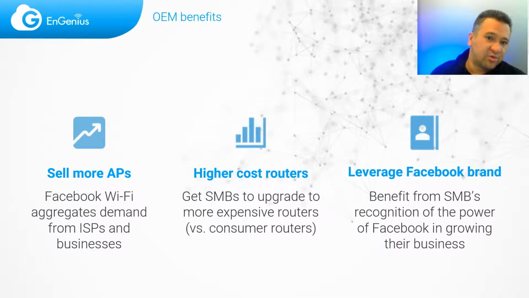The integration of Facebook Wi-Fi inside the EnGenius cloud platform gives more value to the solution. It improves the feature set of the cloud platform, and it's built in as one of the features: you can just make an SSID and choose one of the authentication ways to go for Facebook Wi-Fi.